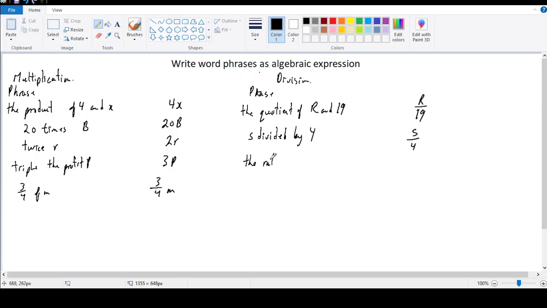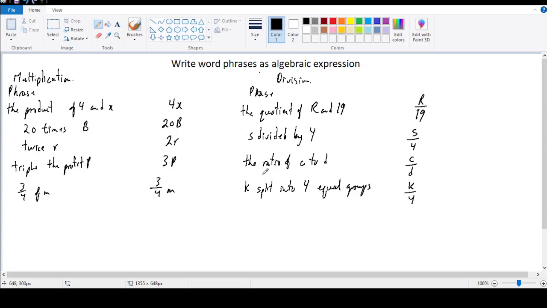The ratio of C to D means C over D. K split into 4 equal groups means K divided by 4. So that's what it means in division as well as in multiplication.